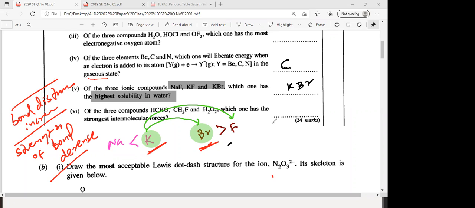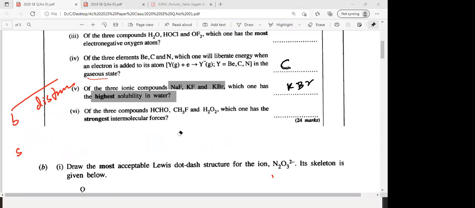Part 6, who can give me the answer? Yes. Three compounds: which one has the strongest intermolecular force? That one I am explaining now. Everyone should give the answer for this.